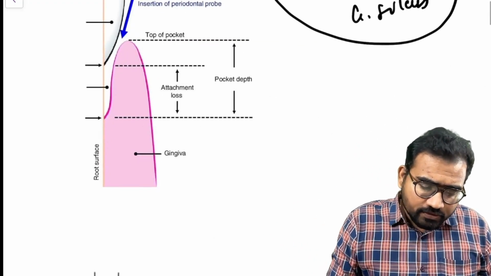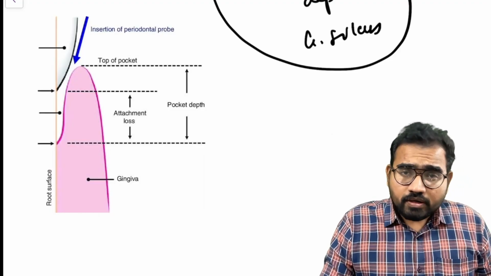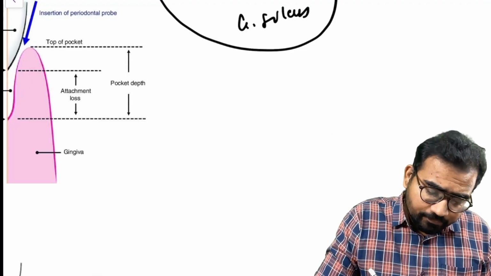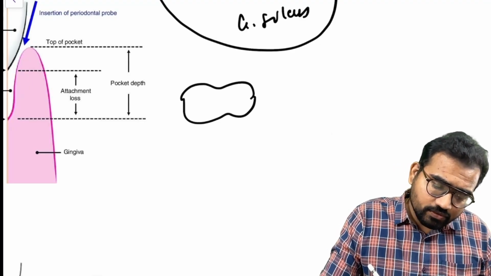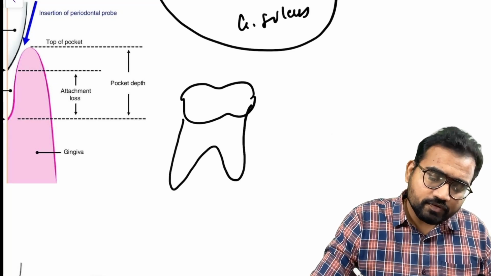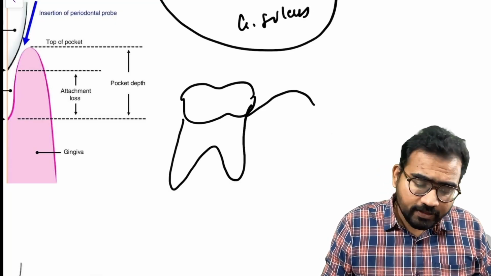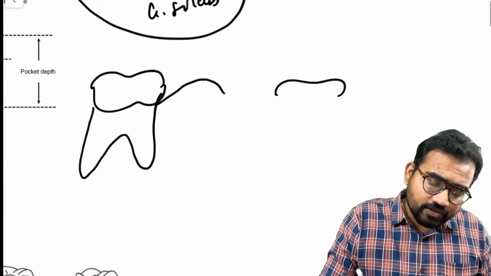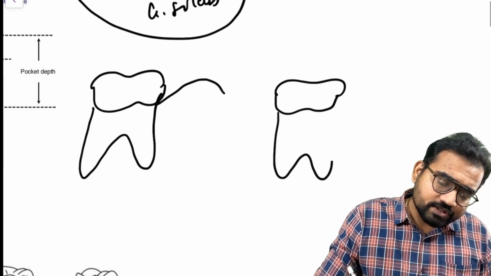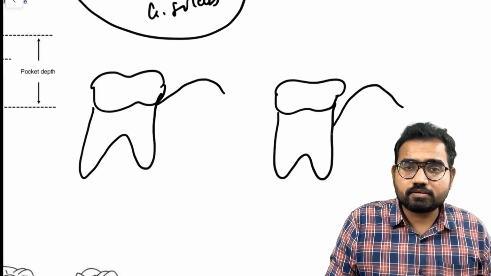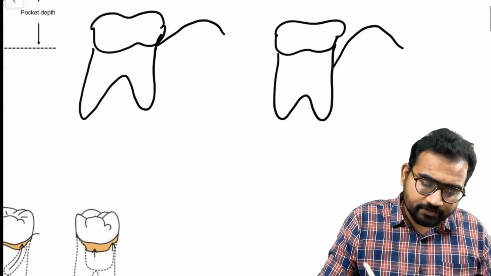Take a look at this, a small recap about CAL. There are different scenarios. First, the gingival margin is coronal to the CEJ. Second, the gingival margin is coronal to the CEJ, but there is pocket formation.